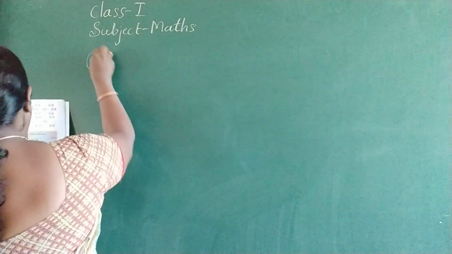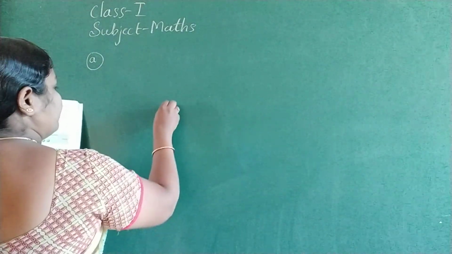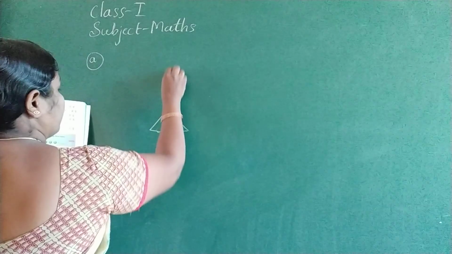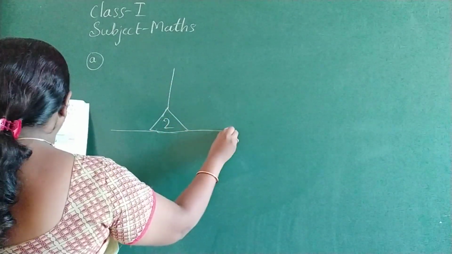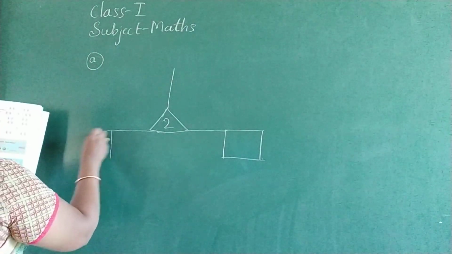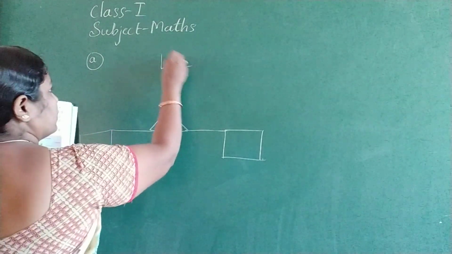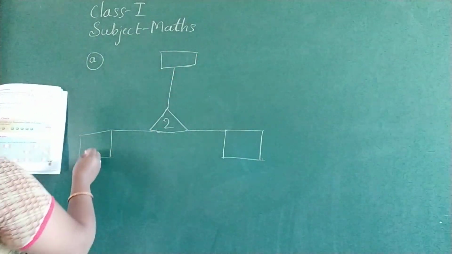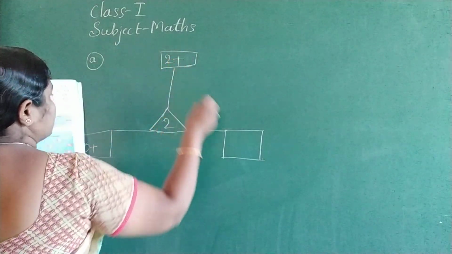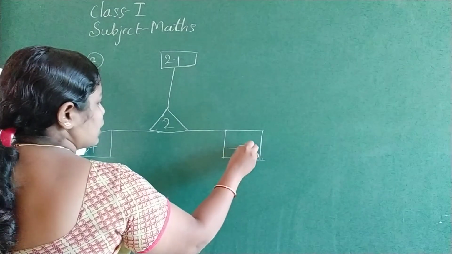A, 2. First one they have done it. 0 plus, 2 plus, and dash plus dash.